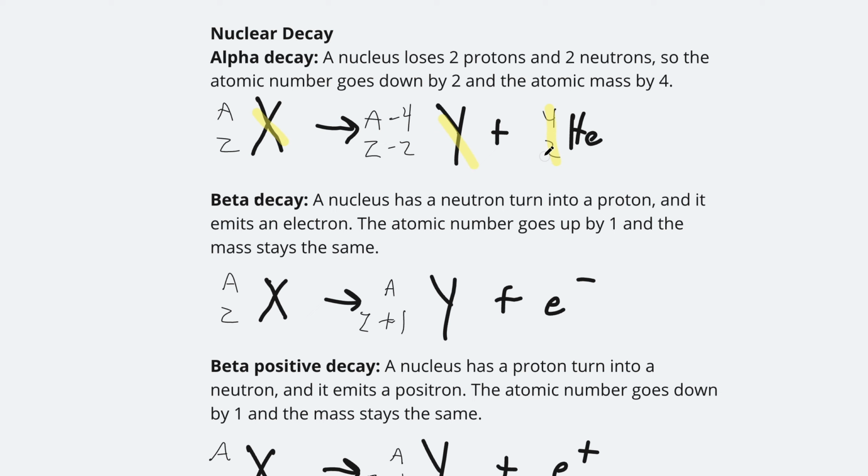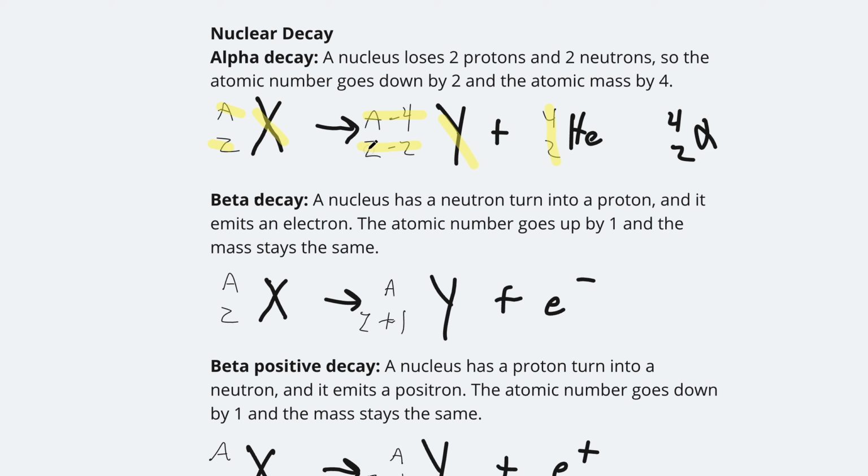Sometimes you will see it written as an alpha particle, and that alpha particle is the exact same thing. What happens to our original element is that the atomic number goes down by 2, and the atomic mass goes down by 4, because remember, atomic number is protons, and atomic mass is protons and neutrons.